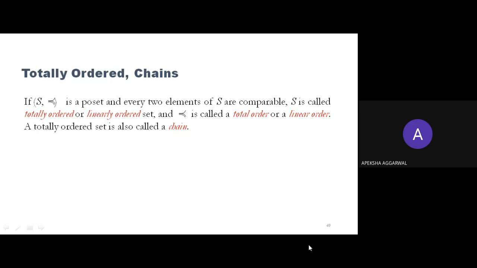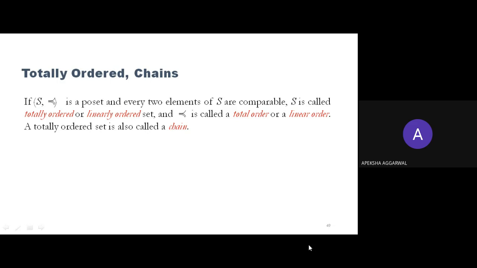Topic for today is totally ordered chains. Now S is a poset such that every two elements of S are comparable. That means either of the two belongs to this poset. 2, 3: either 2, 3 belongs to this poset or 3, 2 belongs to the poset. So this is true for every two.